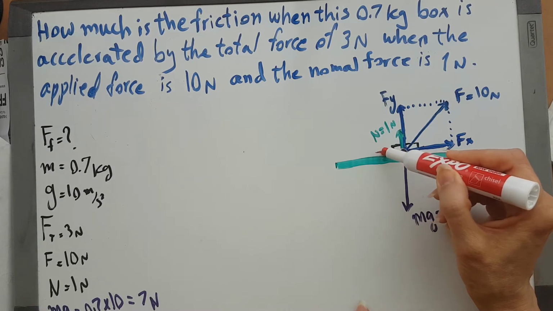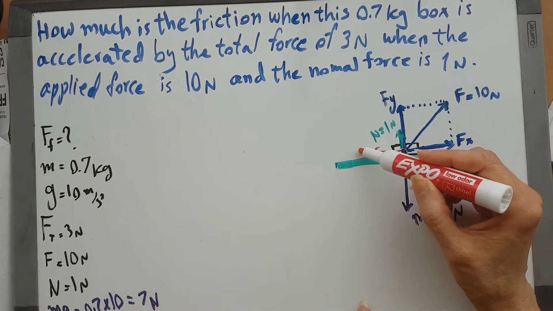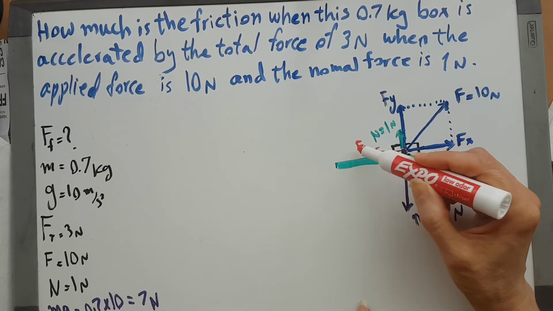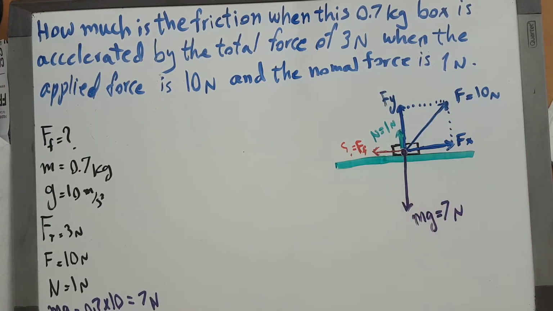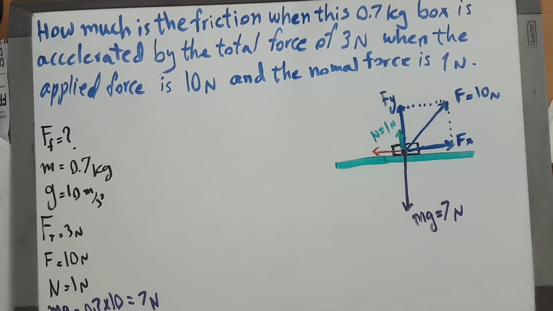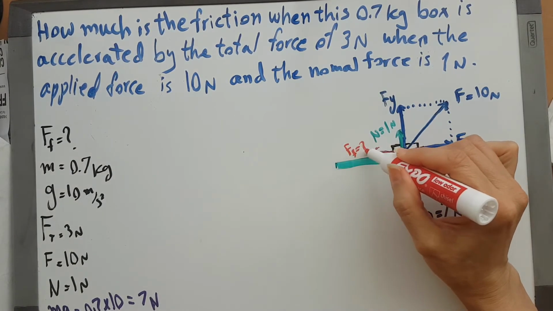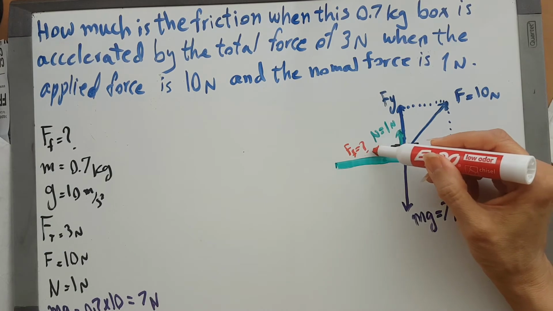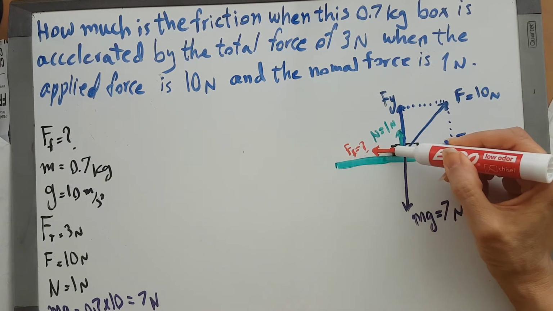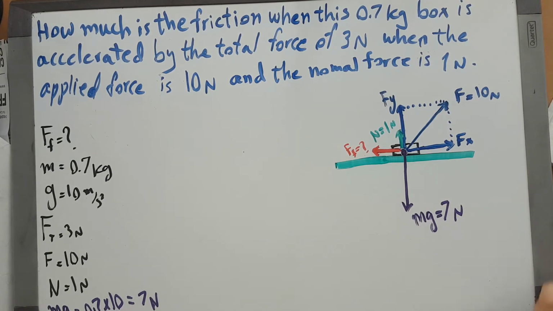So F of friction is smaller than Fx. This is why we have a total force.